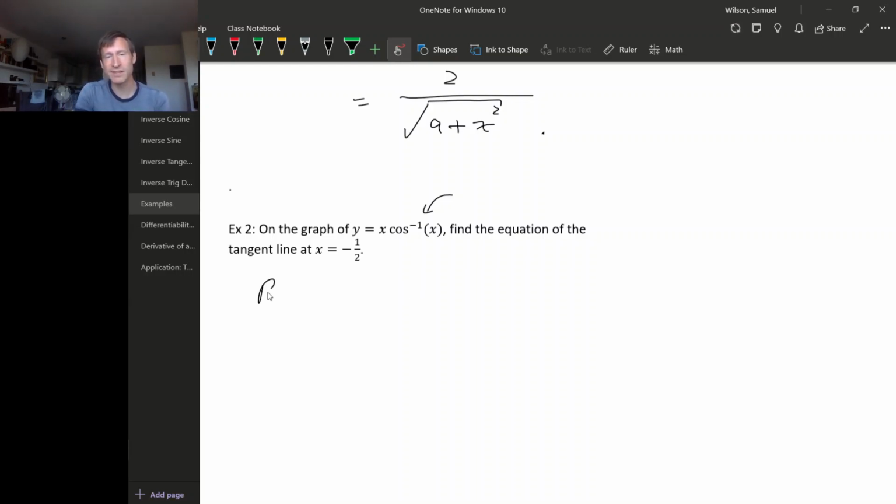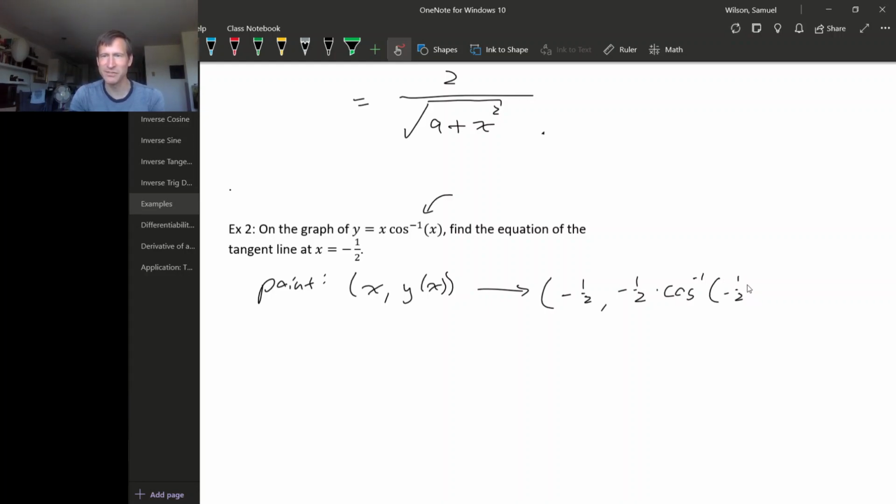To find a point on the tangent line, we know that it's going to be x comma y of x, and we want the tangent line at x equals minus a half, so let's plug in minus a half. Minus a half comma minus a half times inverse cosine of minus a half.